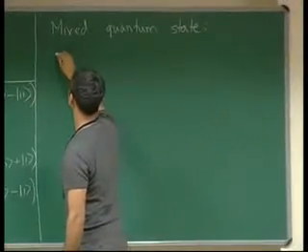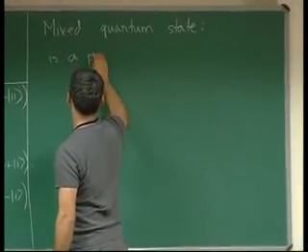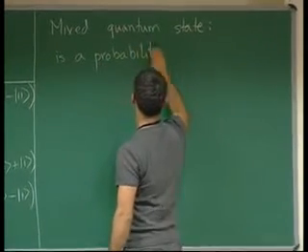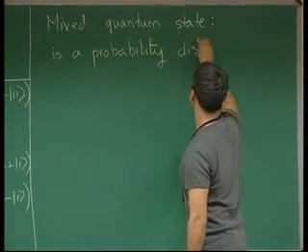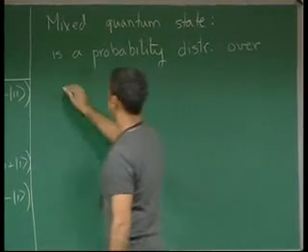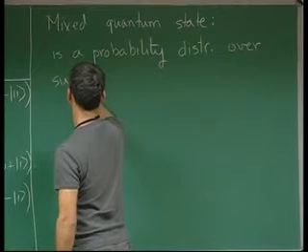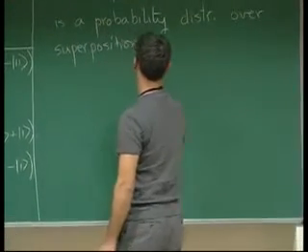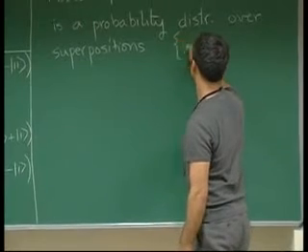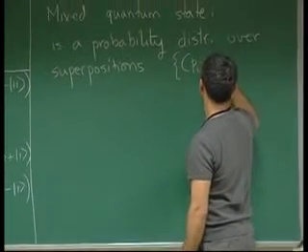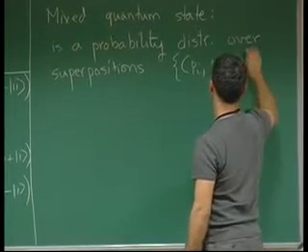So such a state is a probability distribution over superpositions. And I'll denote it by a sequence p_i, |v_i>.